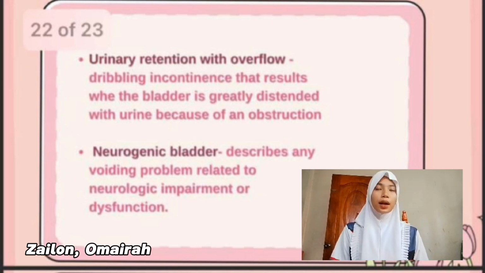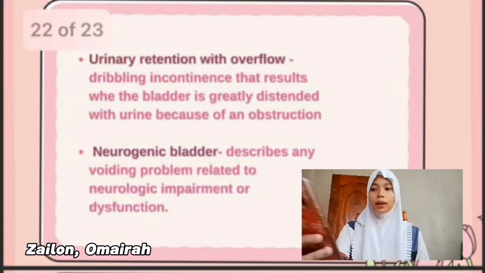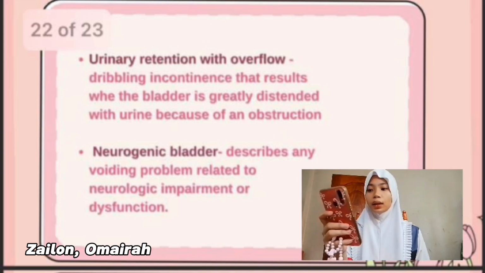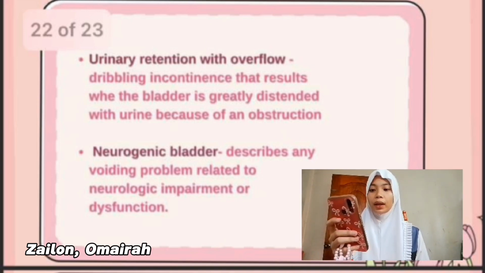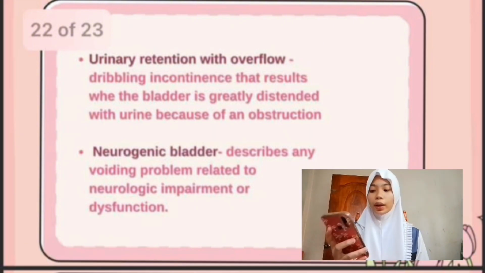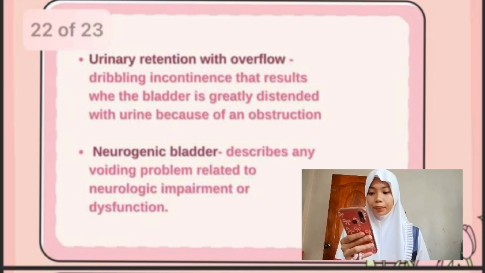So what is urinary retention with overflow? Urinary retention with overflow refers to a condition where the bladder is unable to empty fully, leading to the retention of urine. As a result, the bladder becomes overly full, causing urine to leak or overflow involuntarily.